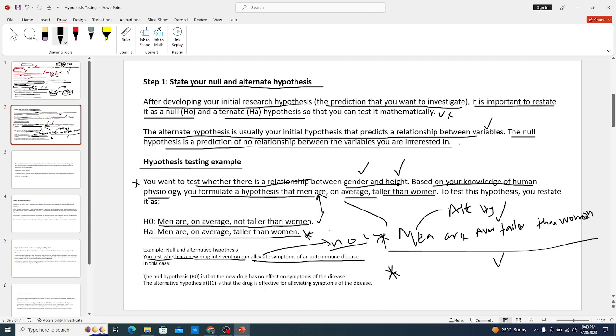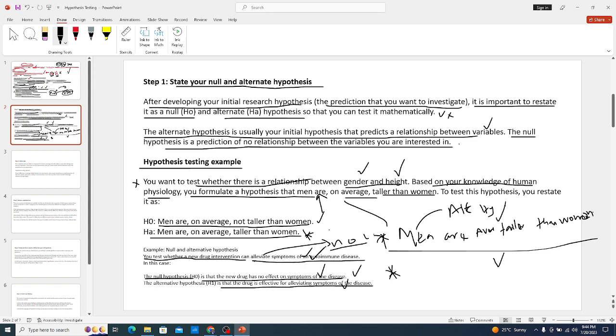So our null hypothesis will be that the new drug has no effect on symptoms of the disease, and the second one will be that the drug is effective for alleviating symptoms of the disease.